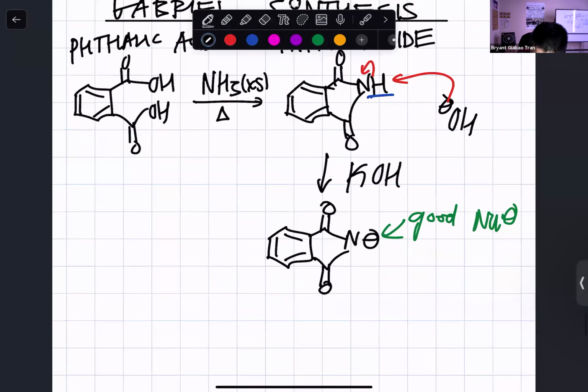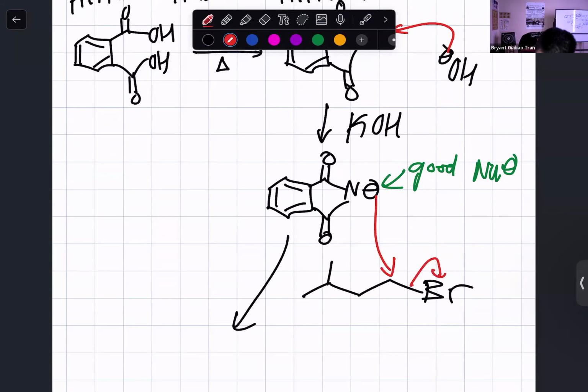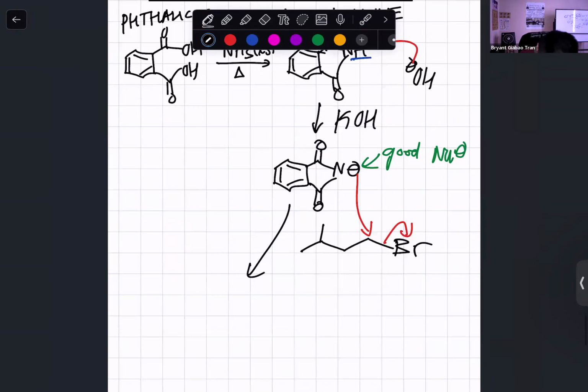So think of this as your nitrogen for your primary amine that you're going to create soon. We can introduce any kind of haloalkane for an SN2 reaction. Like let's say this haloalkane right here. This nucleophile is going to attack that electrophile, kick out that leaving group to give us this intermediate here. This is an SN2 reaction here.